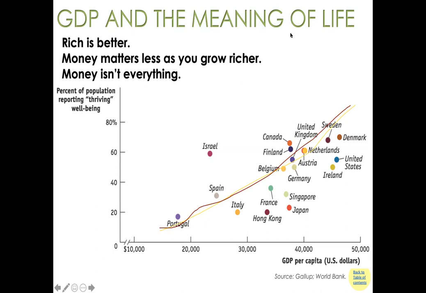Okay. But now we have some outliers. For example, Israel. Their index of happiness is very high, higher than the United States, but their income is much lower. In other words, lower per capita GDP doesn't necessarily mean you're less happy.